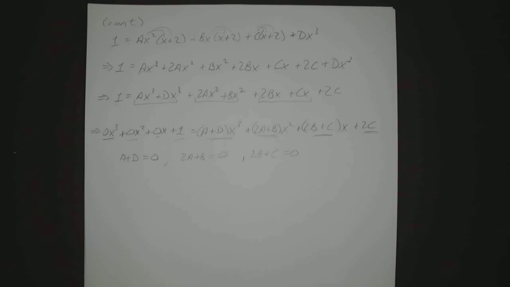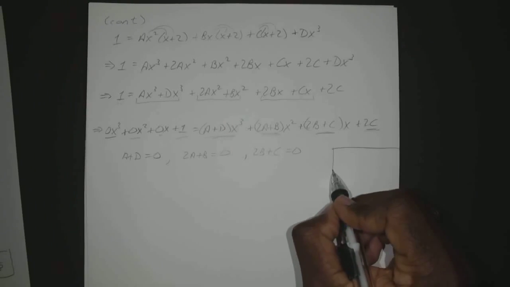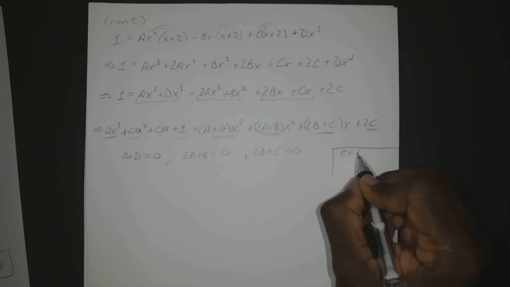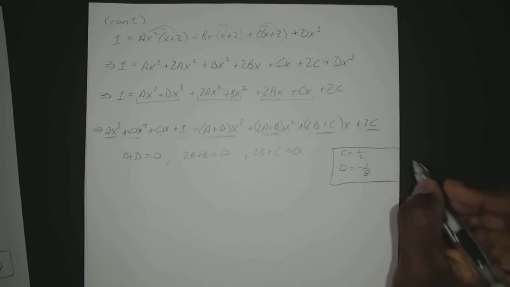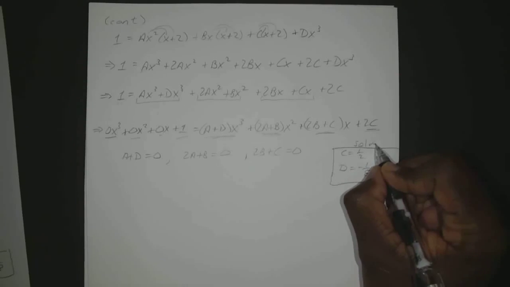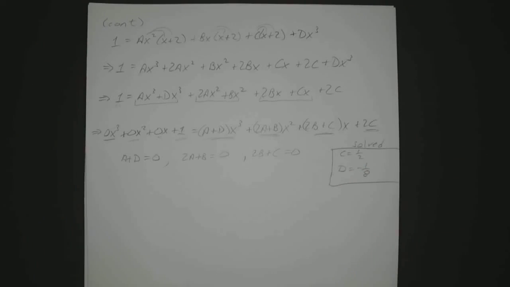Okay, let me write down which ones we already solved for. We already know that c is 1/2 and d is negative 1/8. Okay, that's already solved. So now all we have to do is plug in here and we can solve for a.